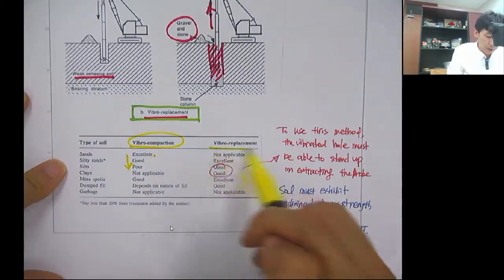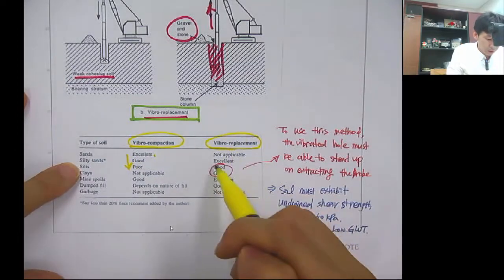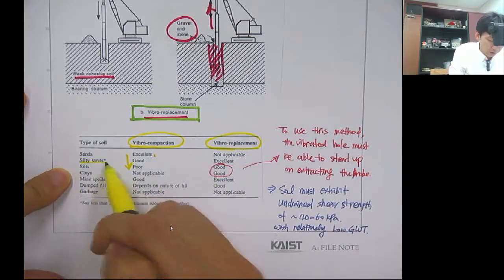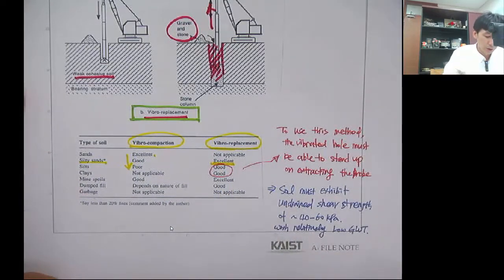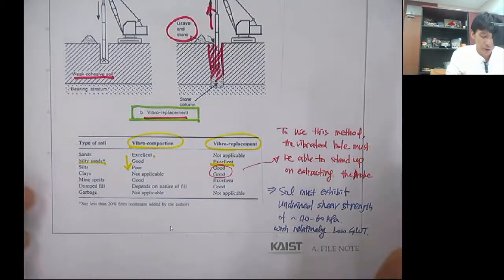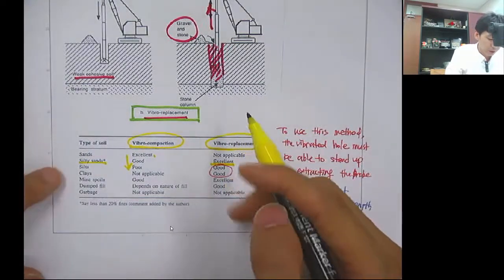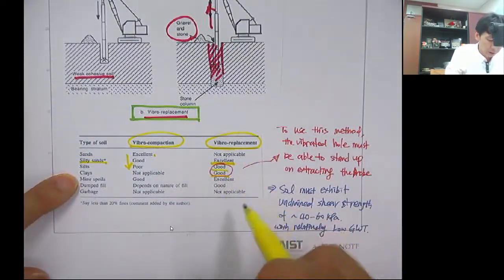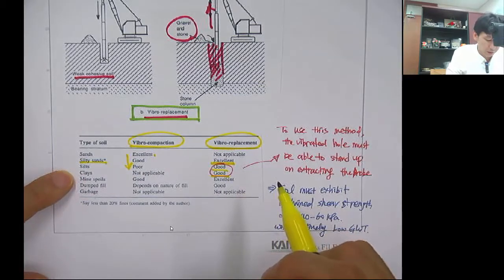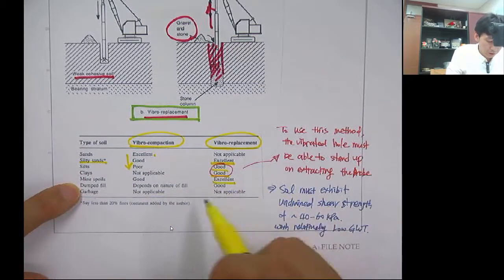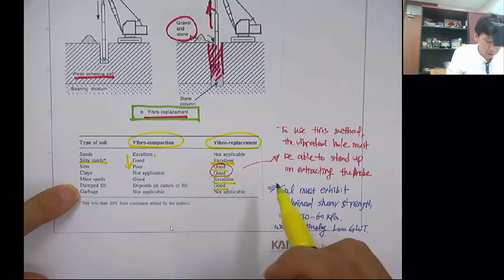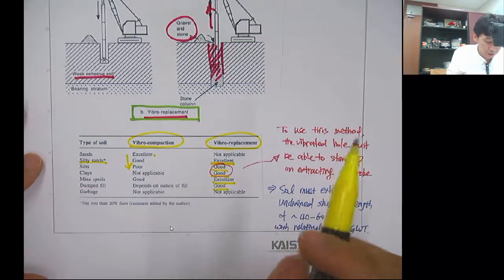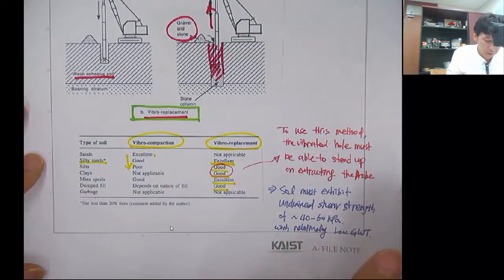But vibro replacement has excellent applicability for silty sand, because it replaces the in-situ soil with a gravel pad or sand column, a stone column. Silt and clay also have some good applicability. Mine spoil has excellent effectiveness, and dump fill also has good applicability.